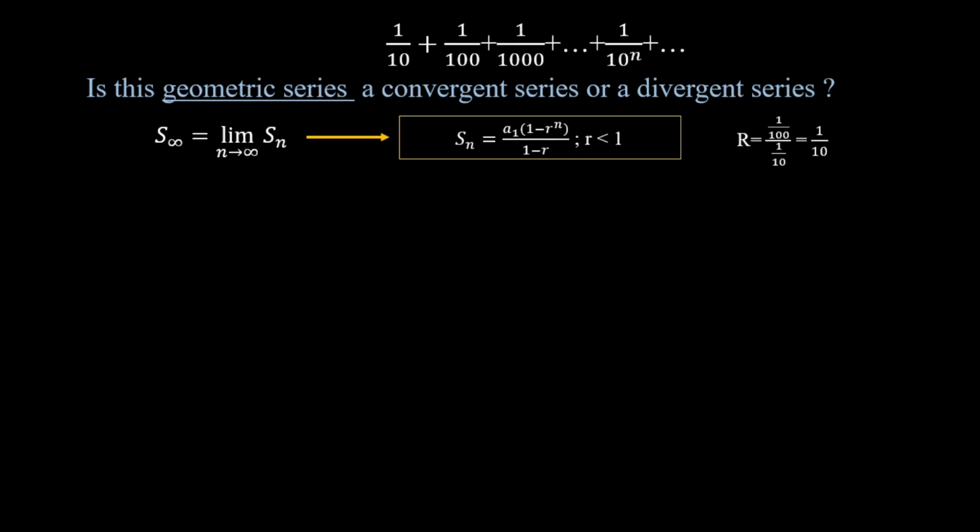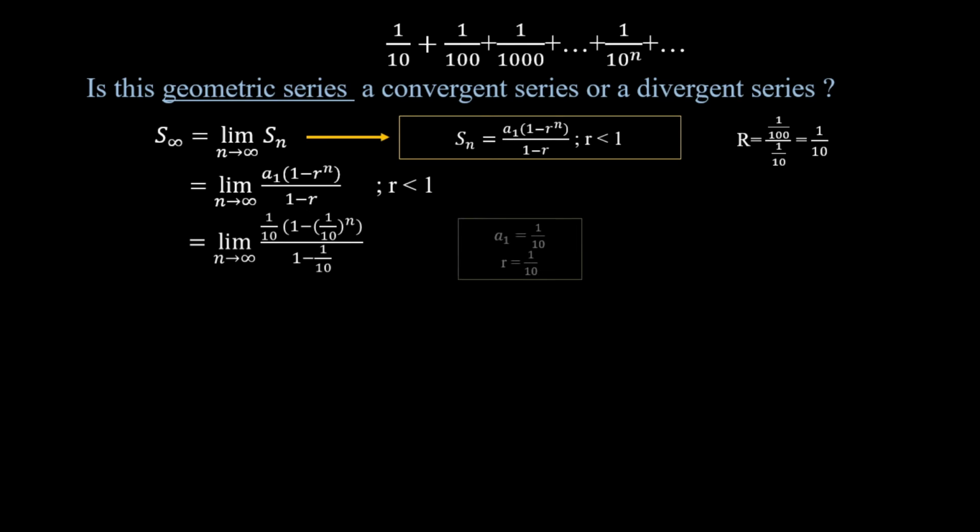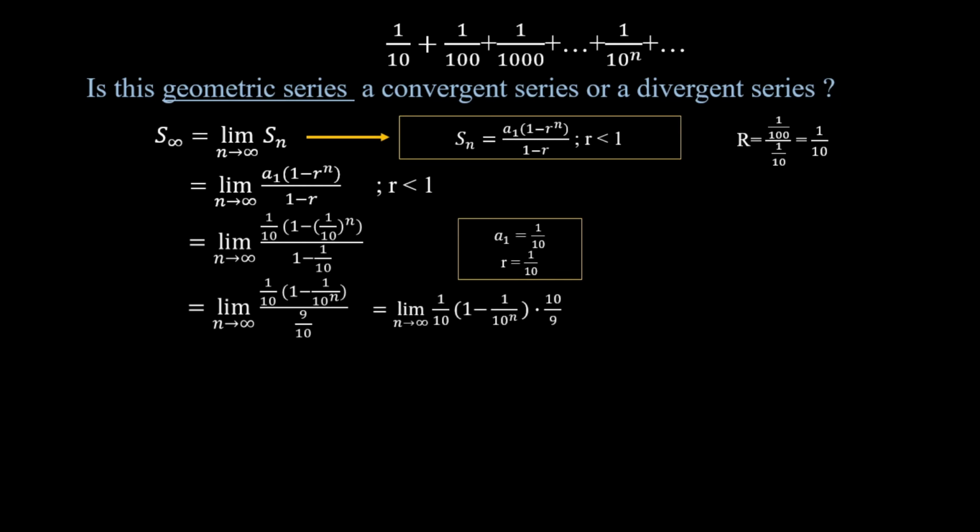So let's go over it. The formula for the infinite sum is the limit of S_n as n approaches infinity. In this case, for the formula for S_n, you know that r is less than 1, which is 1/10. So you use this formula. You substitute all the things that are given and calculate, and you will get the limit of 1/9 as n approaches infinity minus the limit of 1 over 9 times 10 to the n as n approaches infinity.